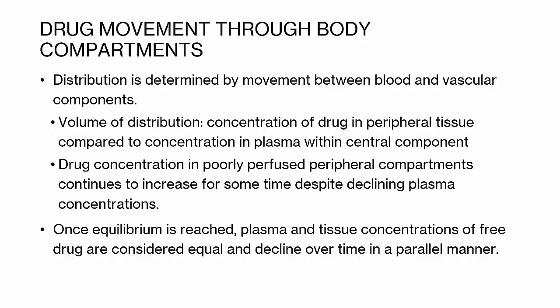Distribution of a drug to well-perfused tissues such as the heart, liver, kidneys, and brain is rapid, assuming that the drug is distributed in the plasma or the central compartment in equilibrium with the drug that is distributed. Drug distribution to poorly perfused tissues such as the bone, muscle, and fat in the peripheral compartment is much slower, and distribution equilibrium may not be reached for some time after drug administration.